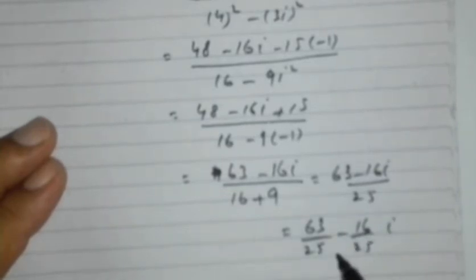Now the conjugate of this is 63 divided by 25 plus 16 divided by 25 iota. Change the imaginary part sign, so it is the conjugate.